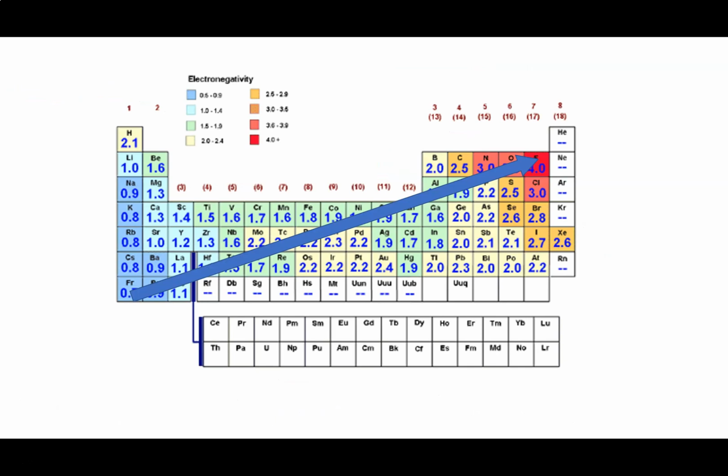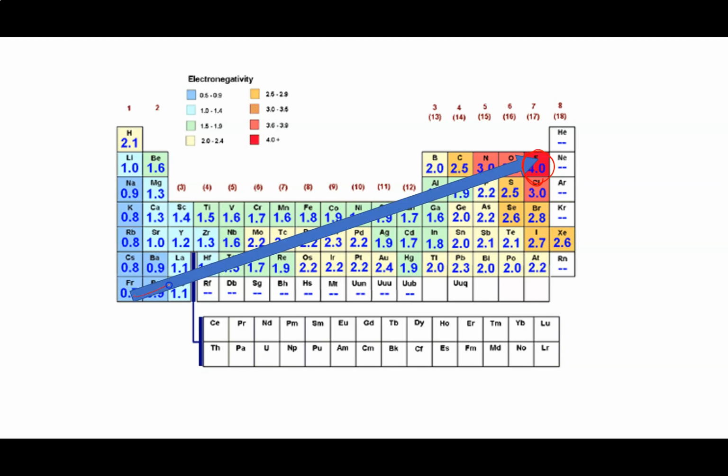So here are Pauling's values for electronegativity. As I said, the highest value is 4 for fluorine. The noble gases don't really form bonds, so they are either assigned a value of 0 or undefined, as sometimes people put it.